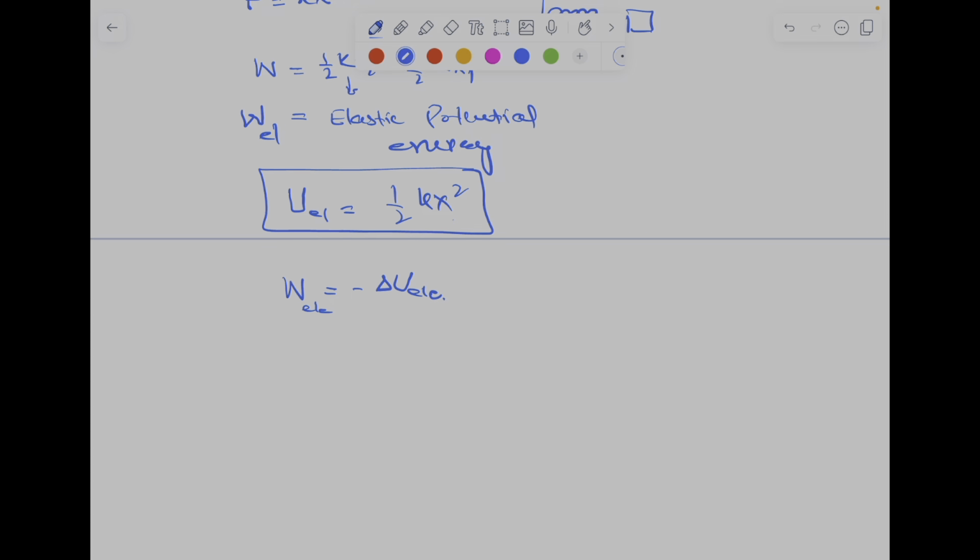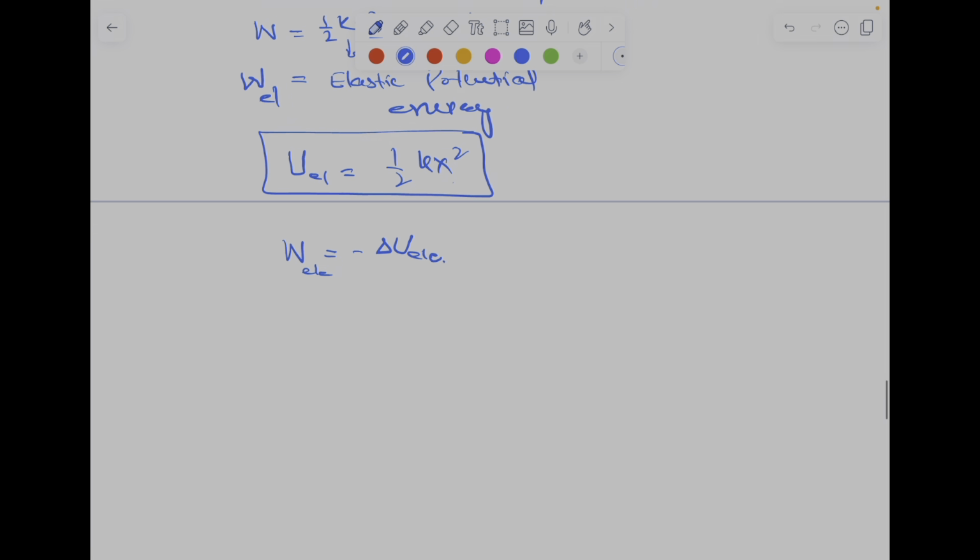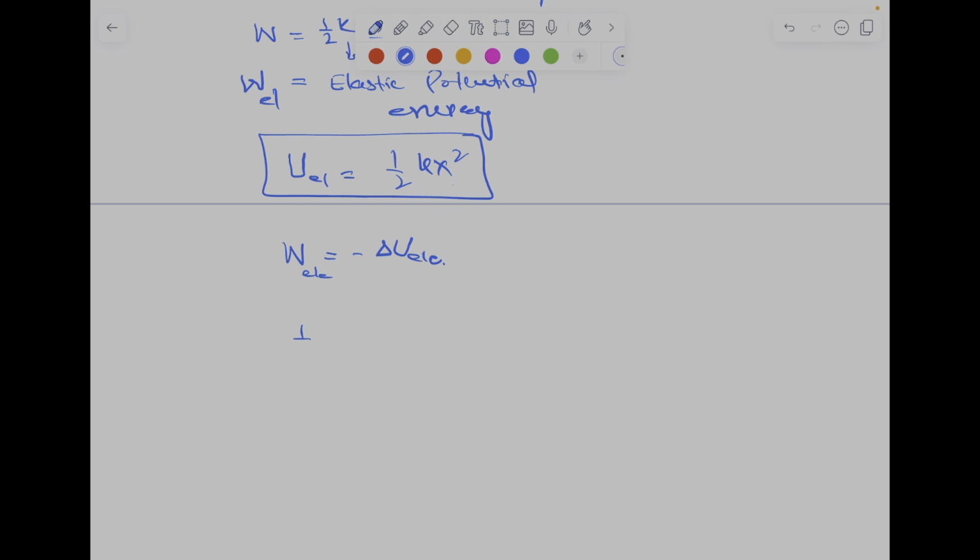So if the elastic force is the only force doing the work, then the total energy of the system is conserved as well. So your total energy will look like this: 1/2 mv1 squared plus 1/2 kx1 squared equals 1/2 mv2 squared plus 1/2 kx2 squared.